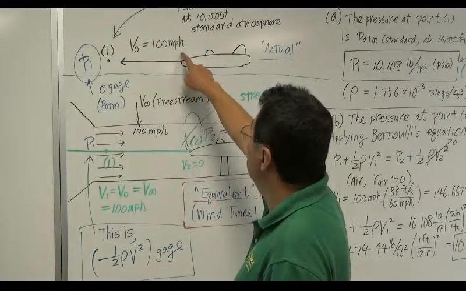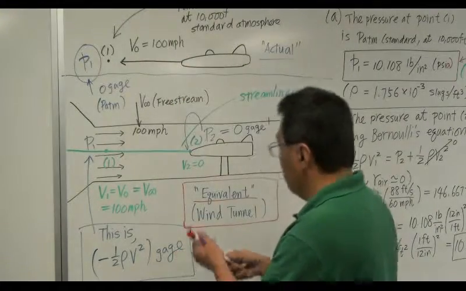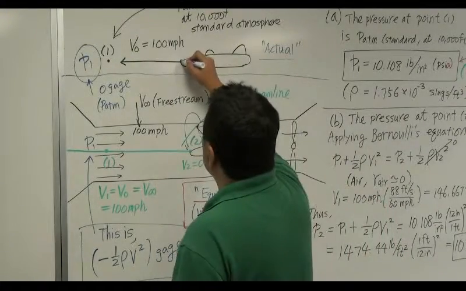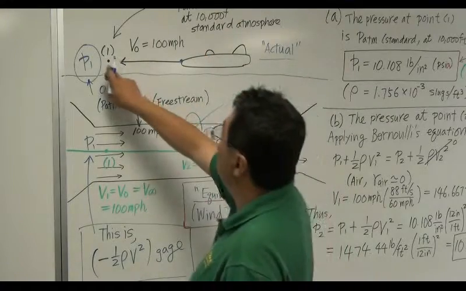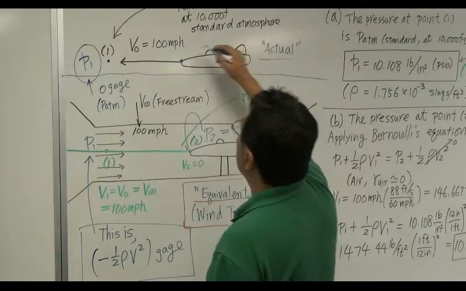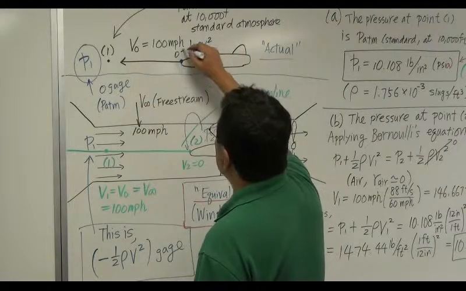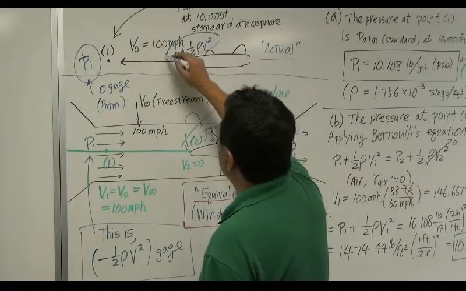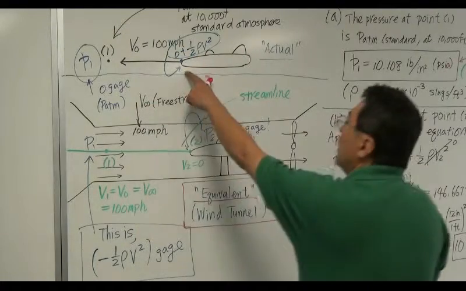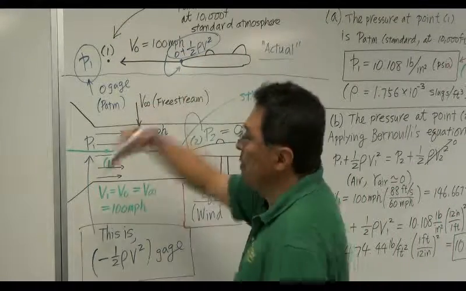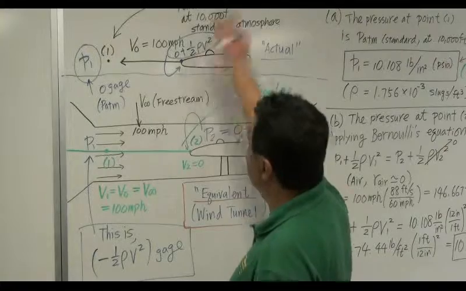At location 2, the stagnation point, this is really high pressure, higher than atmospheric. How much higher? This much higher. That is the total pressure developed here. So if you move at faster and faster speed, you get higher and higher pressure.